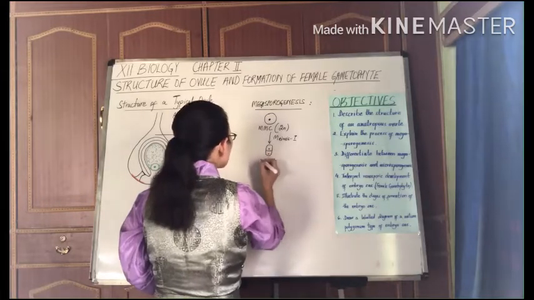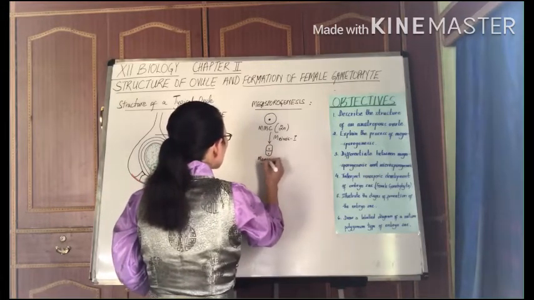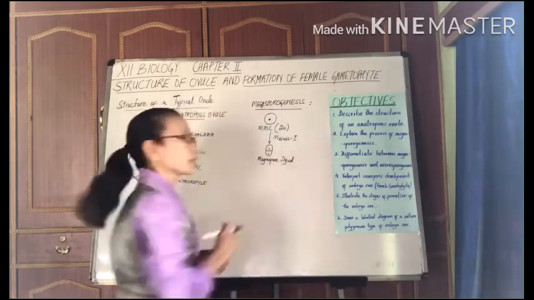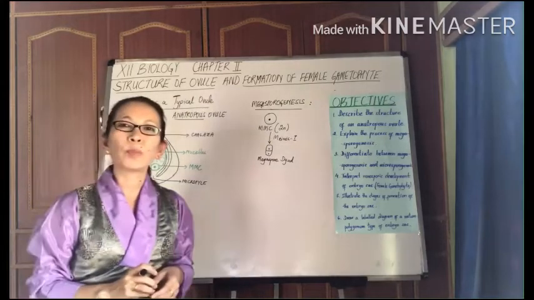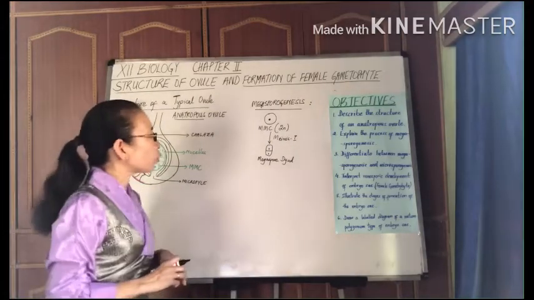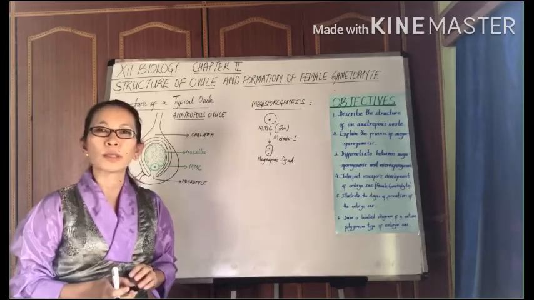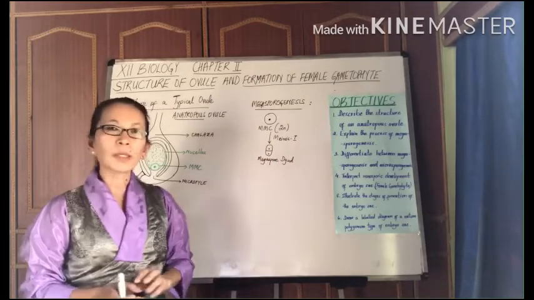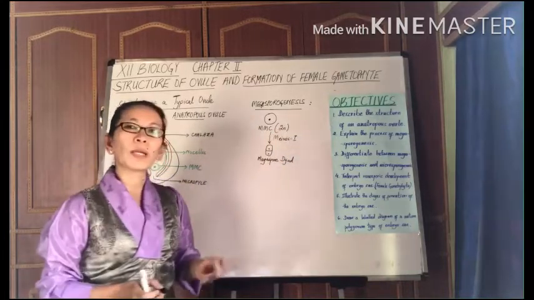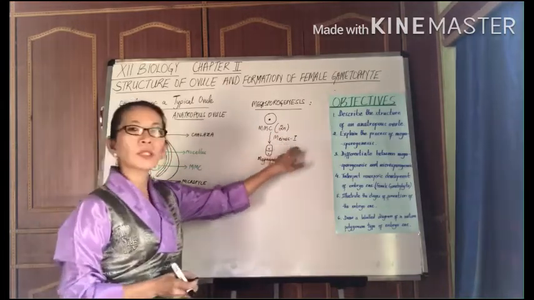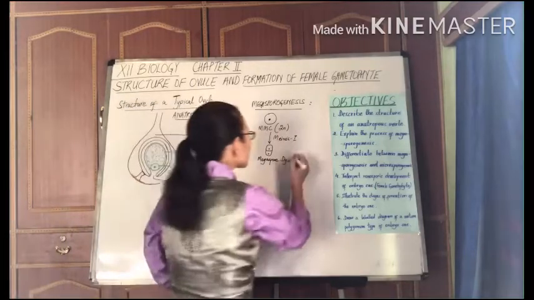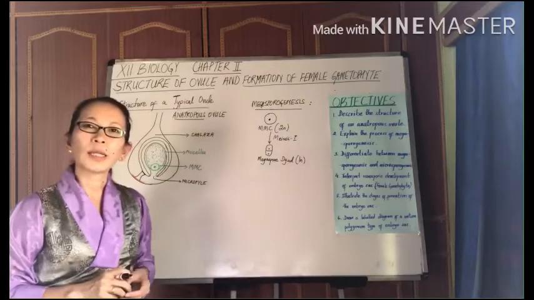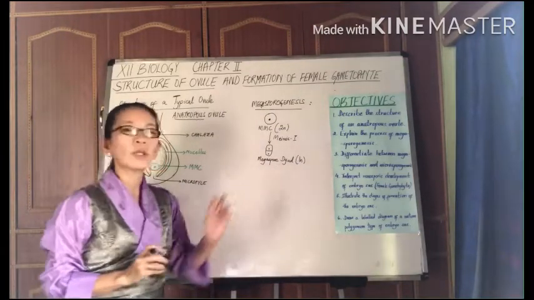These two daughter cells are collectively known as megaspore dyad. Right? It forms a megaspore dyad. And if we look into the ploidy of these two daughter cells, because meiosis is a reductional division, a diploid megaspore mother cell on undergoing the first meiosis would result in two haploid daughter cells, collectively known as megaspore dyad.